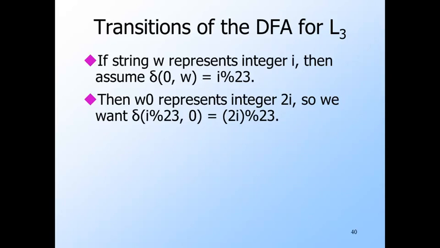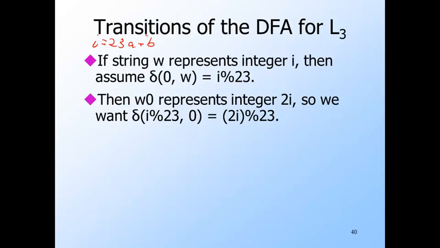divided by 23. To see why this works, we know that i equals 23a plus b, for some integer a and for some integer b in the range 0 to 22. That is, b equals i mod 23.